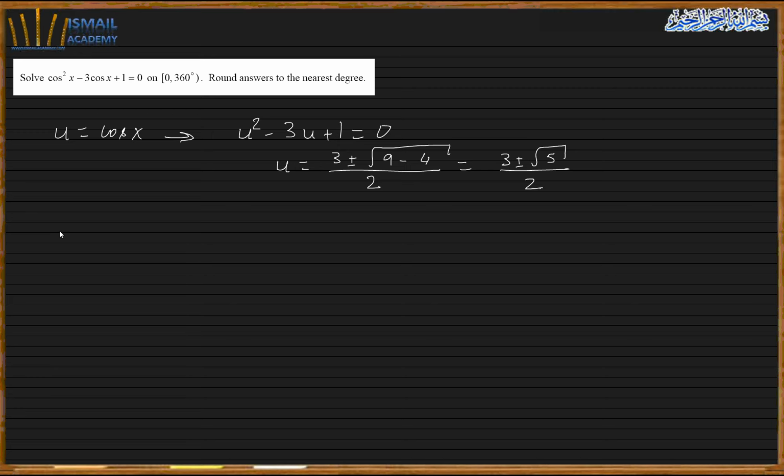Then what I do next, I substitute u by my expression. So cosine of x equals (3 plus square root of 5) over 2, and cosine of x will be (3 minus square root of 5) over 2. So if I approximate this, I will have 3 plus 2 point something.